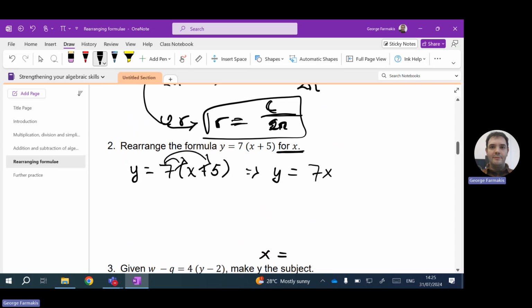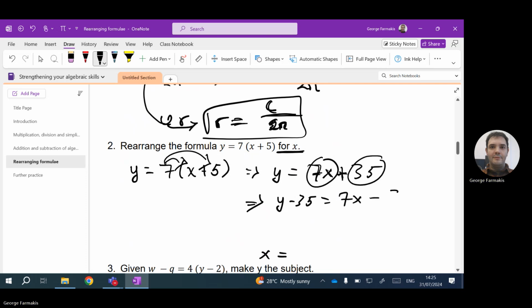So it's 7x plus 7 times 5, this is 35. We want to get rid of the 35 first. So if I subtract 35 from both sides, here I'll get 0. So I'll get y minus 35 equals 7x.